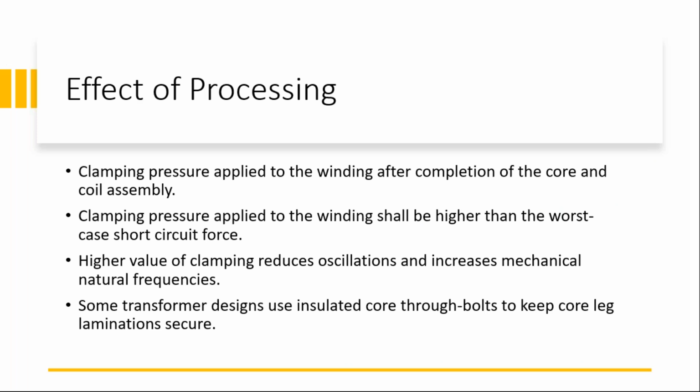The clamping pressure applied onto the winding before the job is tanked is very critical. Engineering ensures the value given is more than the worst case scenario for short circuit, and manufacturing ensures it is measured as the pressure being applied to each coil or all three coils together.